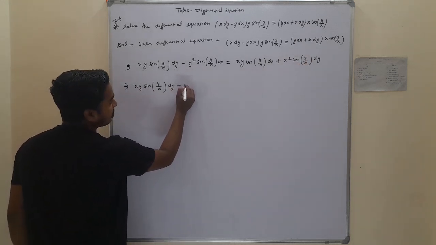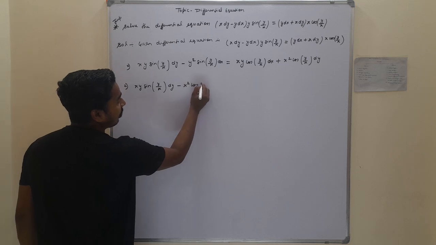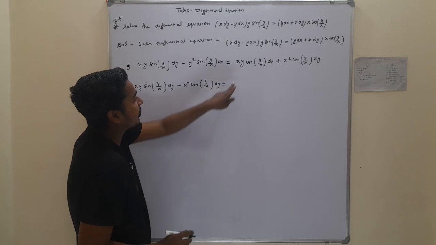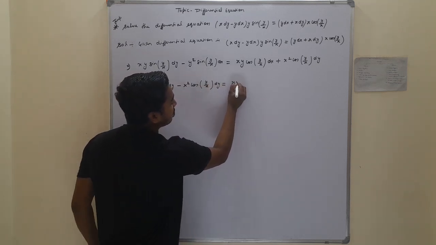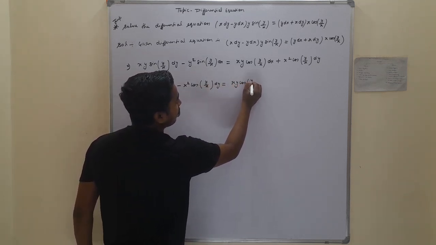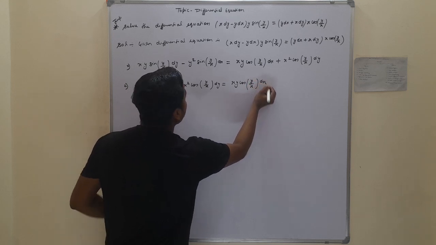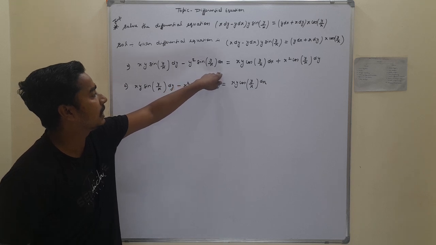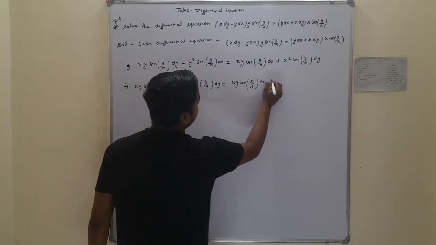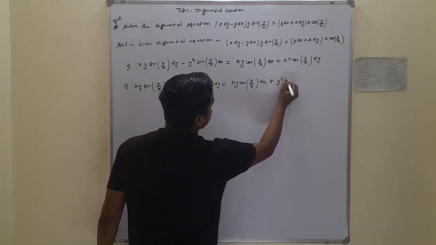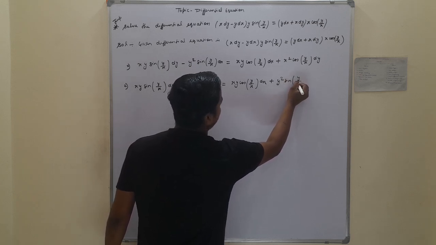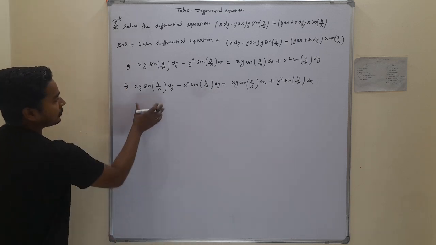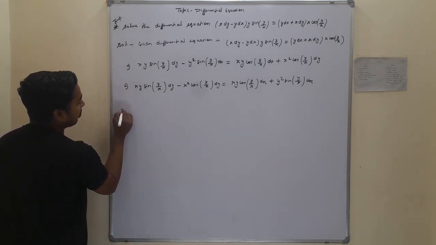This gives −x² cos(y/x) dy, equal to xy cos(y/x) dx, and −y² sin(y/x) dx is taken to the right hand side. This gives plus y² sin(y/x) dx, and we can take dy common from the left hand side.